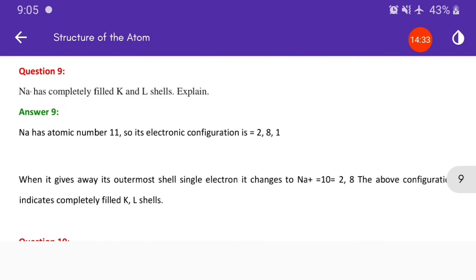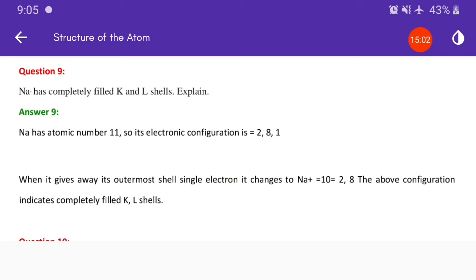Question number 9. Sodium has completely filled K and L shells. Explain. So here the sodium atomic number is 11. So its electronic configuration is 2, 8, 1. When it gives away the single electron of its outermost shell, it changes to Na+.